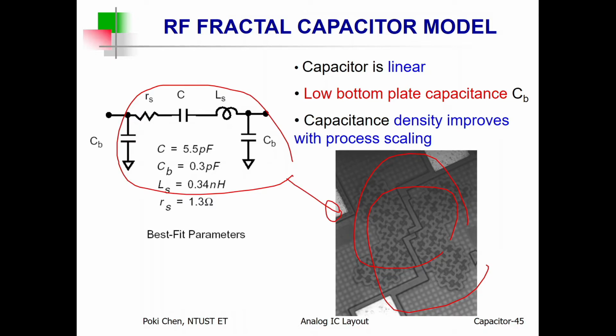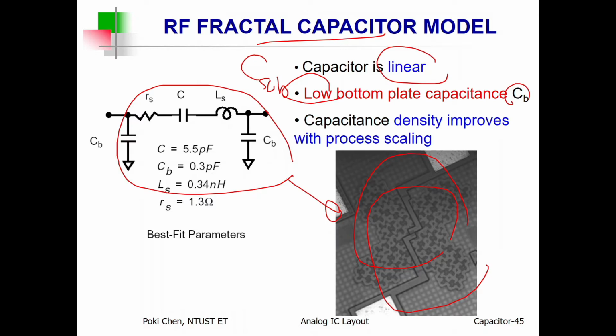Here is a brief conclusion for such a fractal capacitor. First of all, it is linear, at least much more linear than the parallel plate capacitor, and also the bottom plate capacitance is much lower than before. It means the parasitic capacitance to the substrate is reduced very, very much.